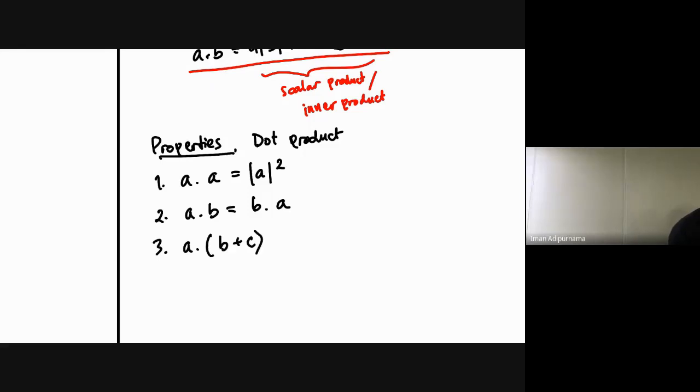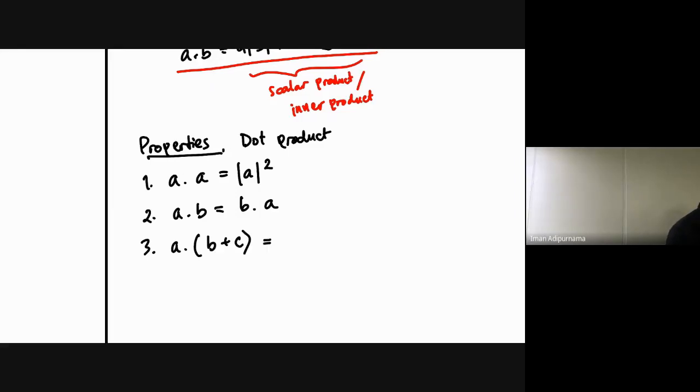And you can also dot the sum of vectors, and you can expand this into two dot products. And if you have a scalar, let's say D, and A, B, C are vectors.